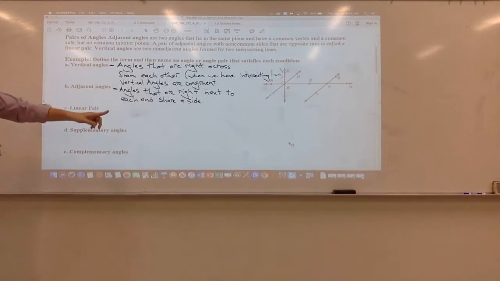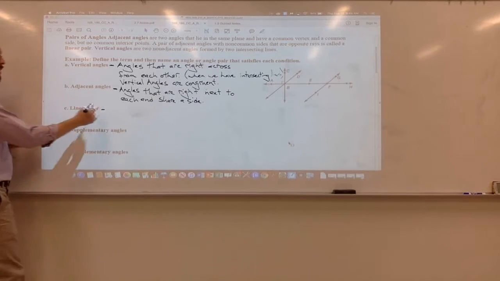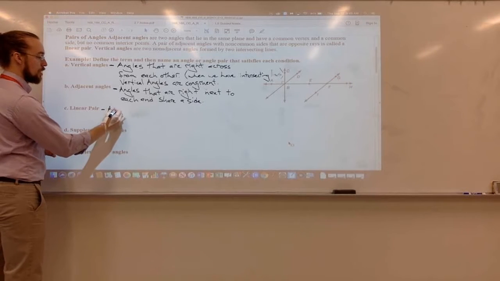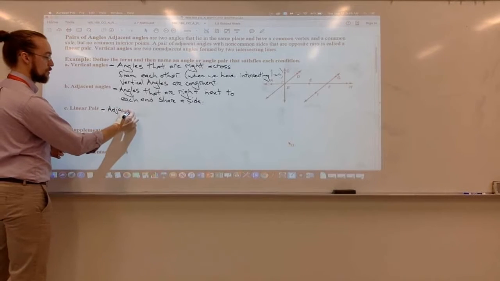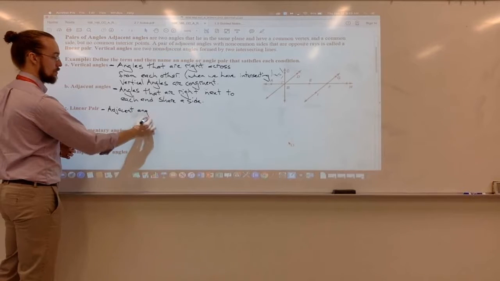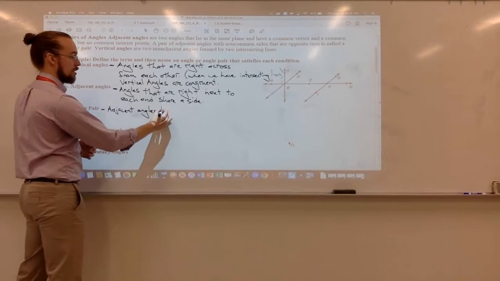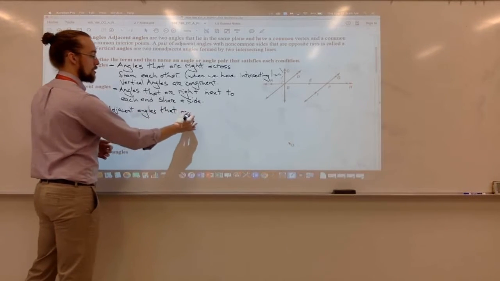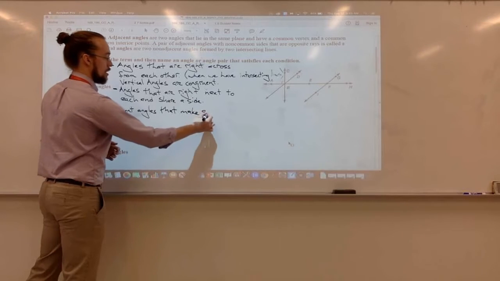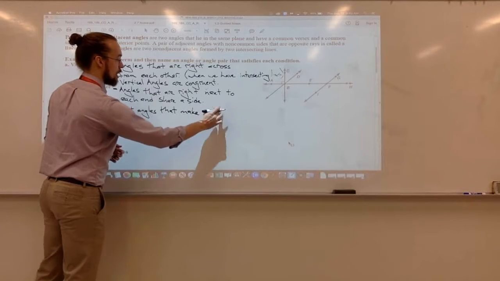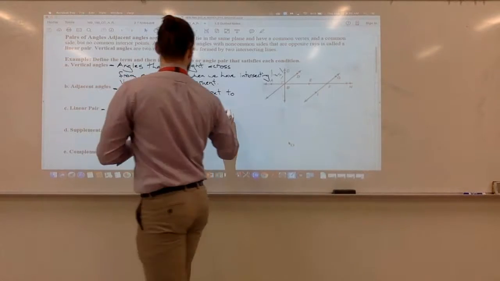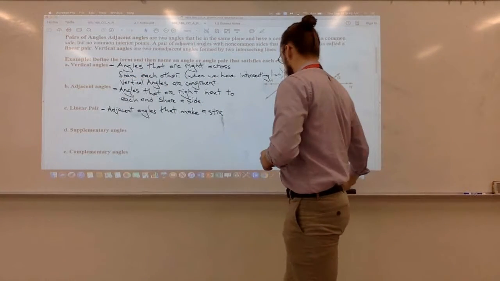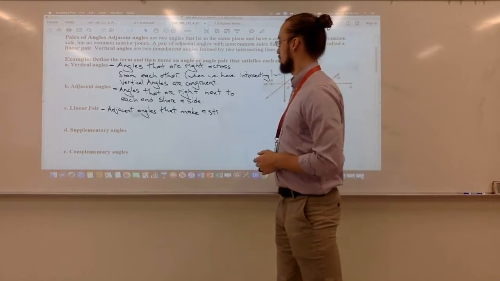A linear pair is a specific type of adjacent angles. A linear pair is adjacent angles that make a straight line together.